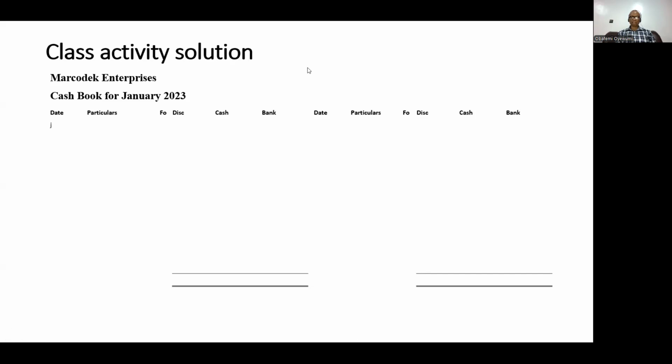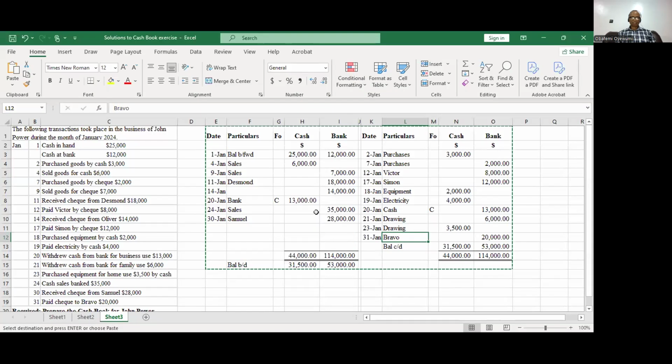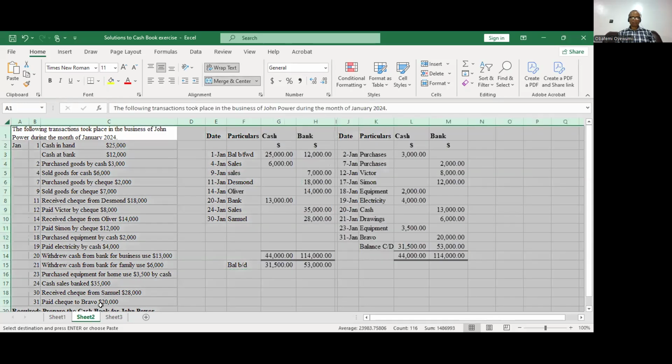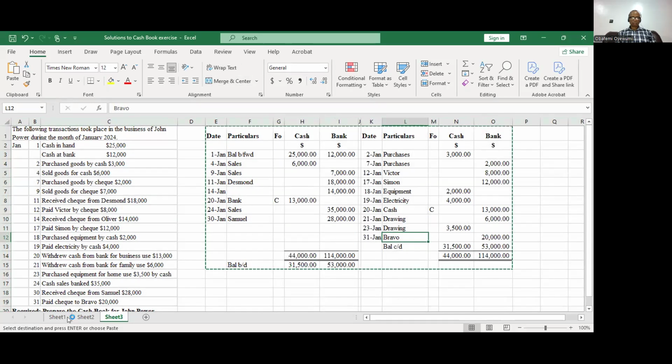So I'll stop sharing this. I'll go back to Excel again, and please just a minute. So this is Excel. I'm going to have this done, and then we also have this sorted out.